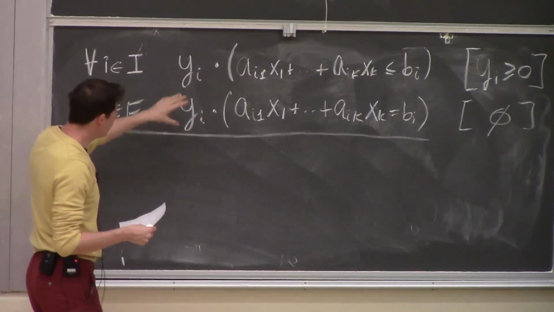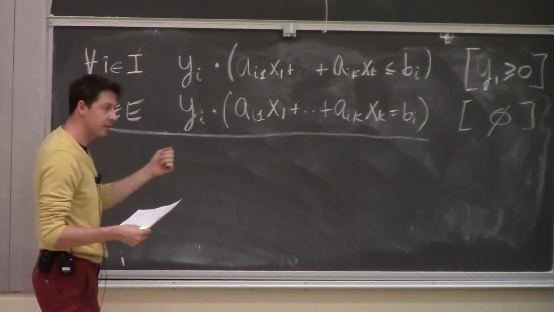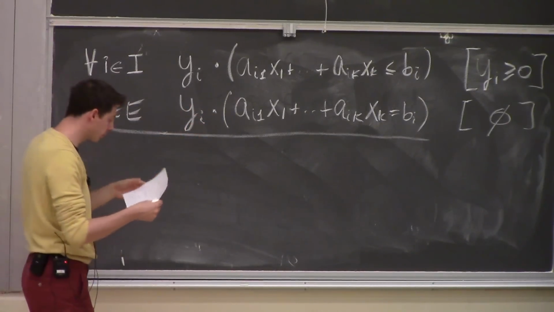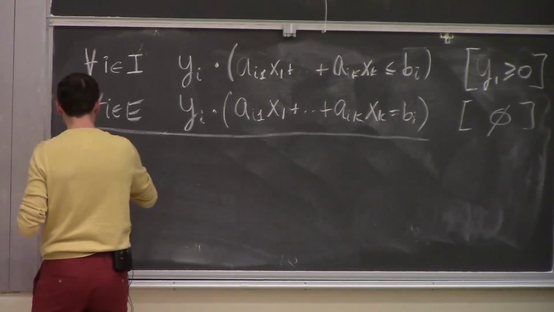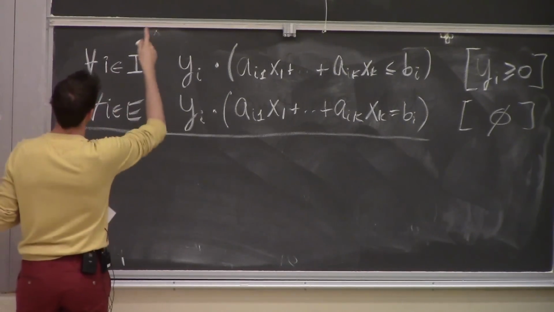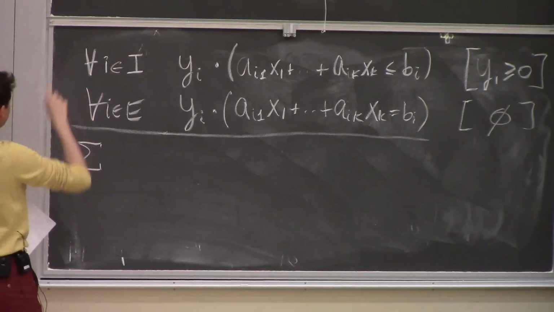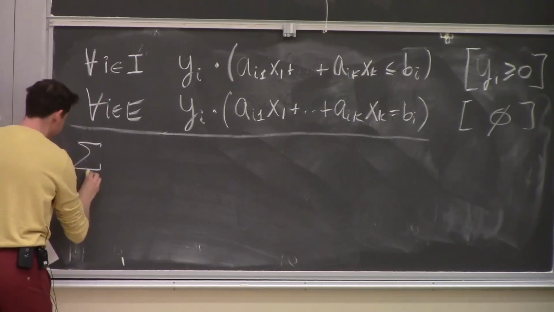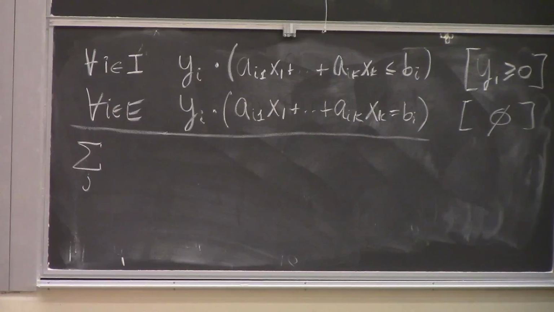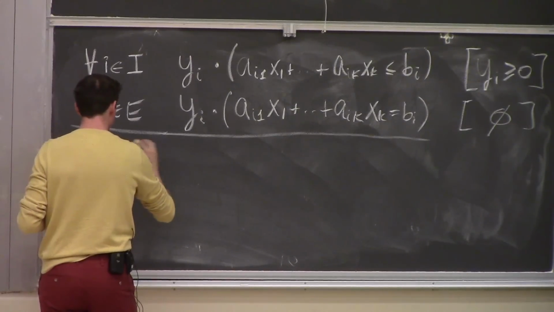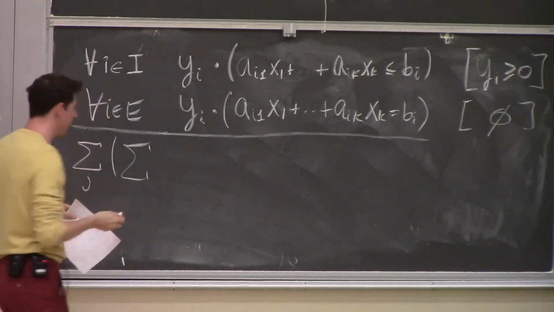So we'll add things up, and we want to collect according to xj, because we're using i to index constraints, and j to index variables. We're going to have a sum over j, because here we're grouping according to xj. And then inside the sum, we have a summation according to i.